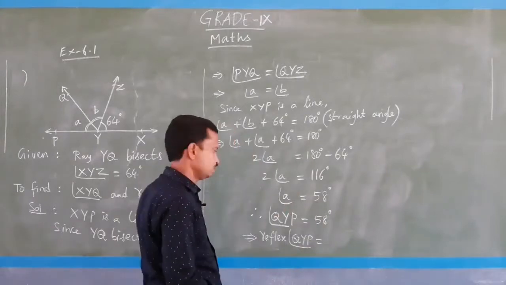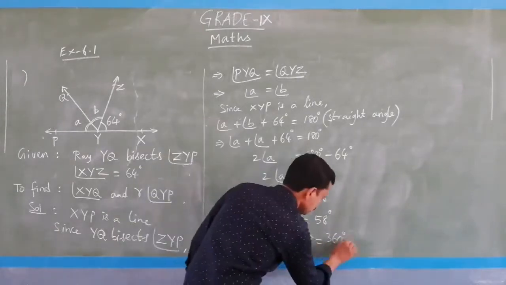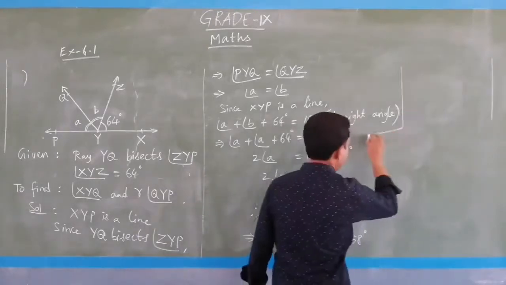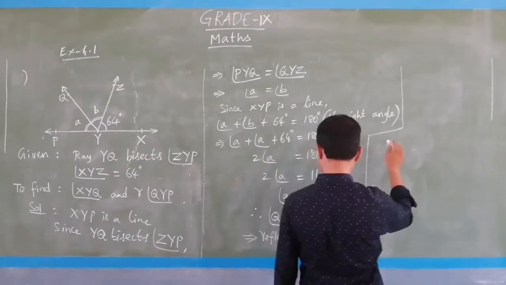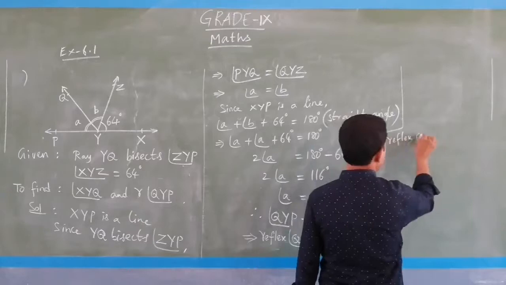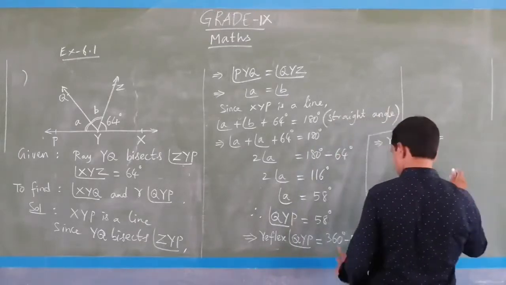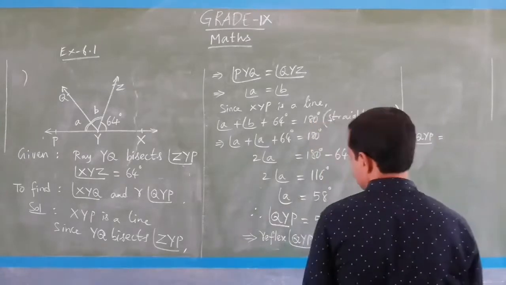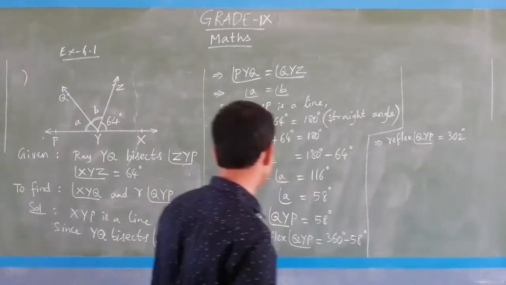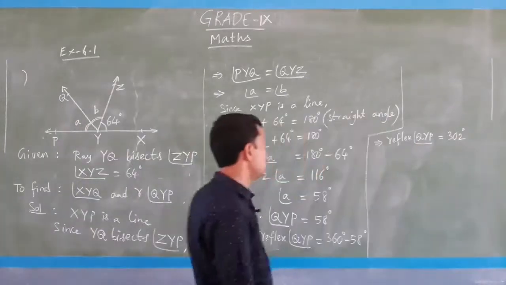By subtracting 58 from 360 degree. So 360 degree minus 58 degree, what do you get? This implies reflex of QYP is equal to 360 minus 58, that is 302 degree. So now we have found the reflex of QYP.